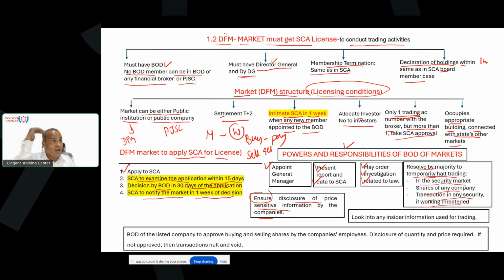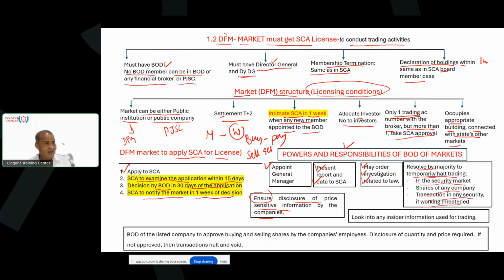So with the help of the market, the disclosure happens and that goes to the investors. Investors should know what is happening in the company, all the good news, all the bad news, all the news which are having a bearing on the price. It means if any information is not capable of affecting the price, that information is not called price sensitive information.